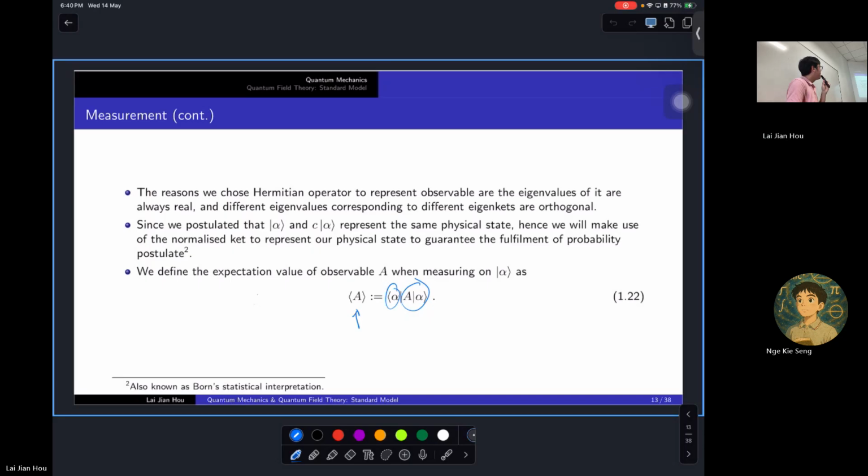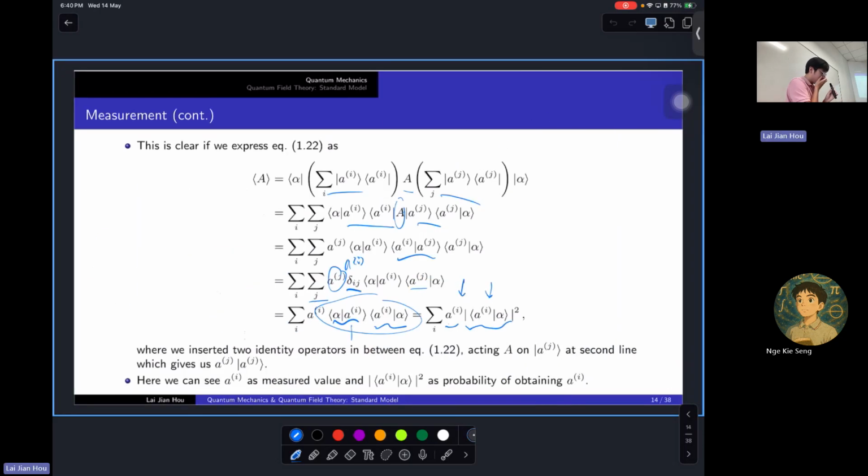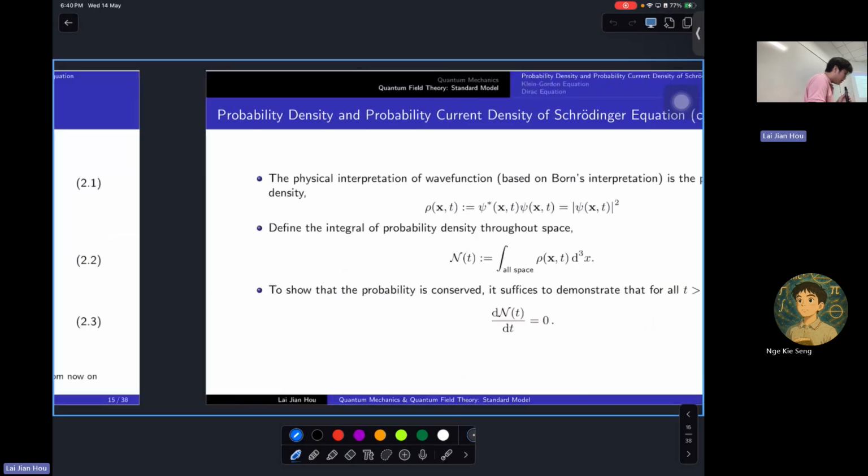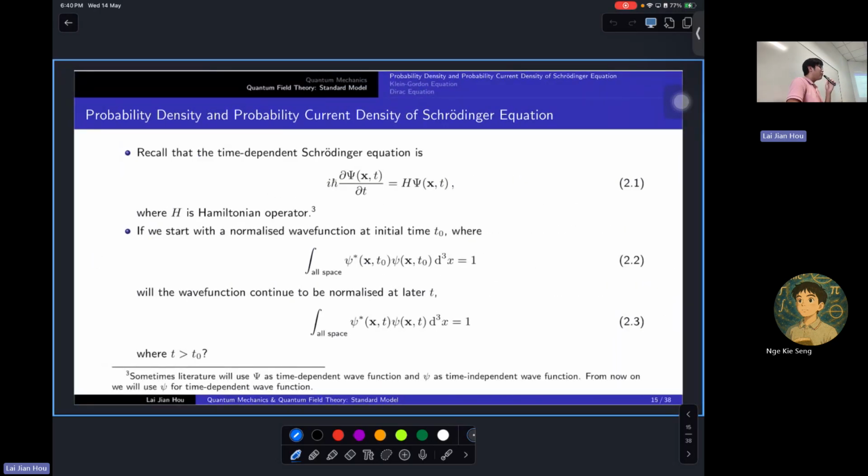And the second part, before we get into it, the idea of the jump I want to present is a big jump from the other mechanism. I want to present the Klein-Gordon equation and Dirac equations, including the probability density and probability current density.